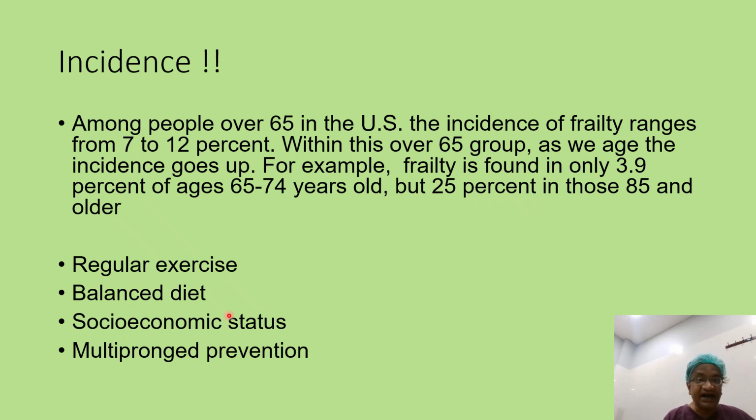If somebody is not cared for in society, then they become frail slowly. Economic status matters: they don't have the money to have a balanced diet of daily fruits, nuts, carbs, etc. So it's a multi-pronged prevention.